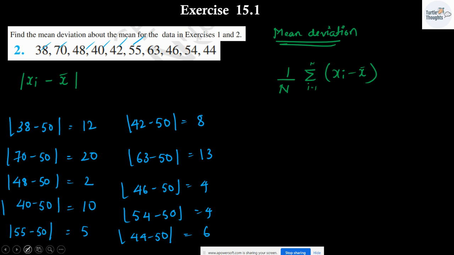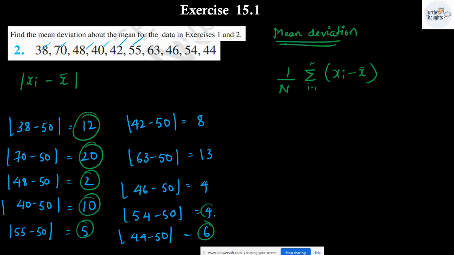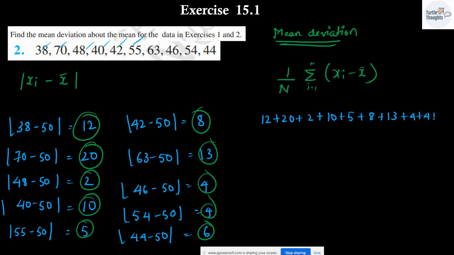Take all these numbers, right? 12, 20, 10, 5, 6, 4, 4, 13, and 8. Upon writing that, I have 10 numbers. 12 plus 20 plus 2 plus 10 plus 5 plus 8 plus 13 plus 4 plus 4 plus 6, divided by 10.